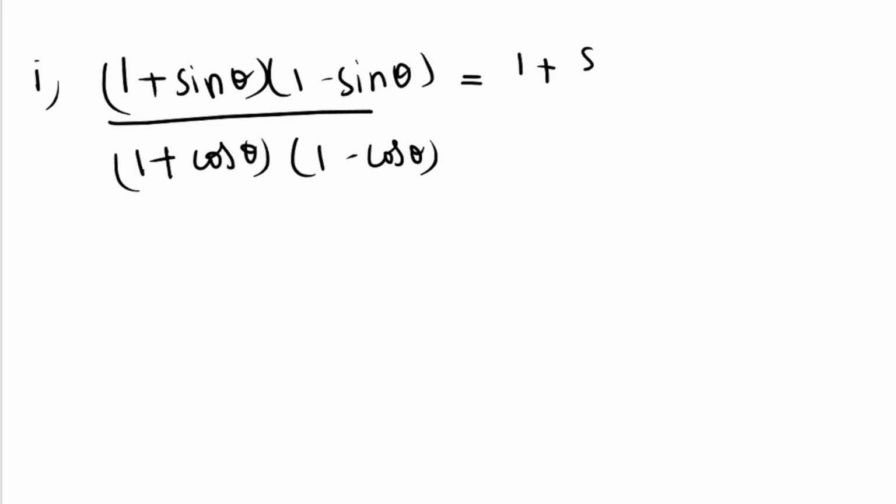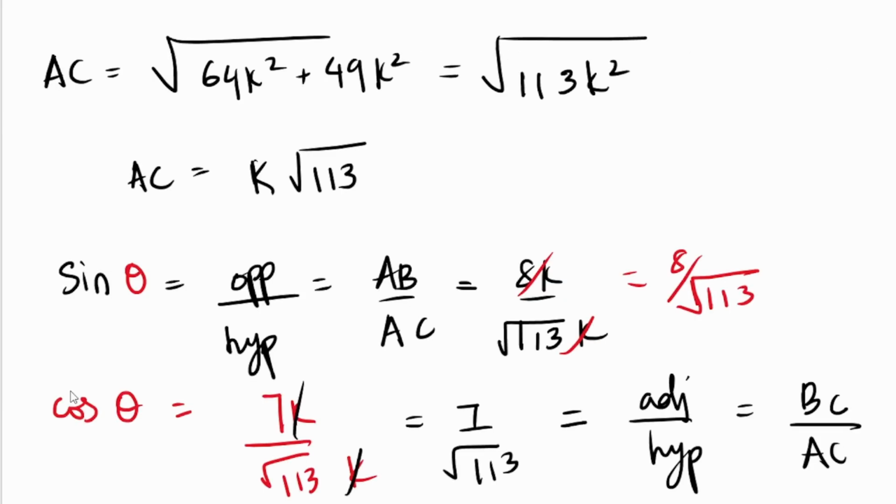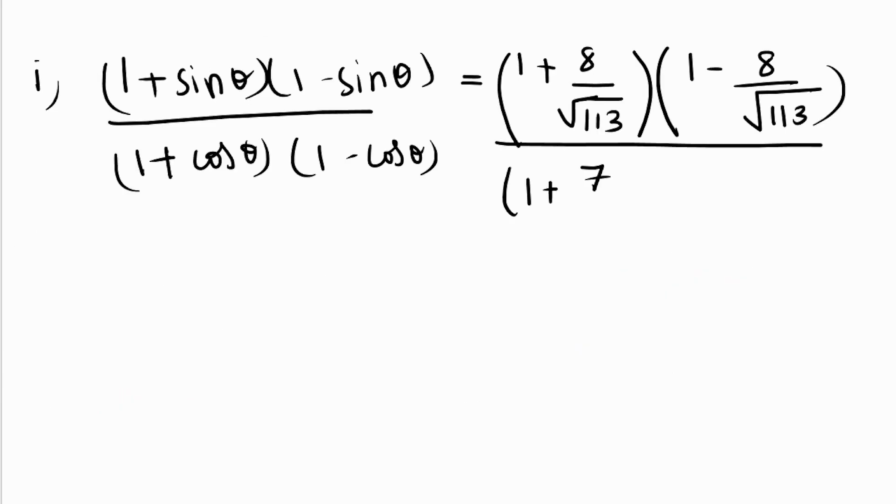1 plus sin theta is 1 plus 8 by root of 113, then 1 minus 8 by root of 113, divided by 1 plus cos theta, whose value is 7 divided by root of 113.